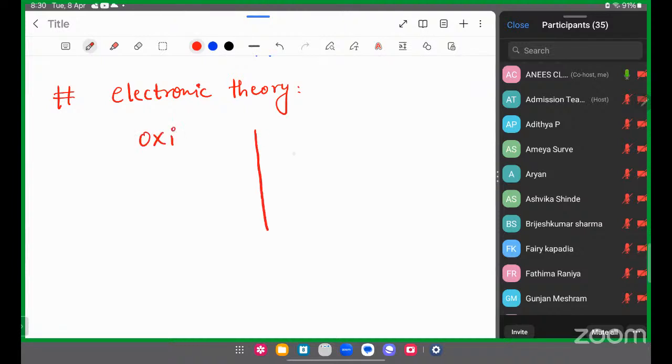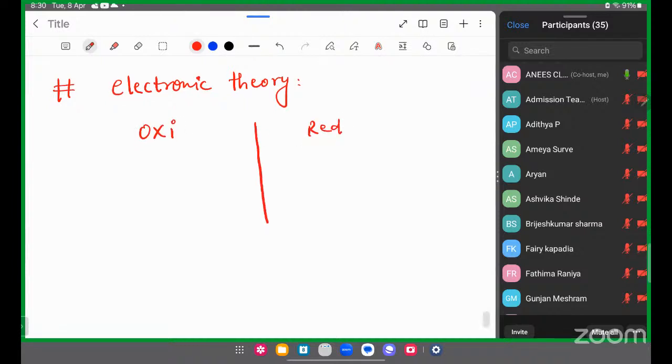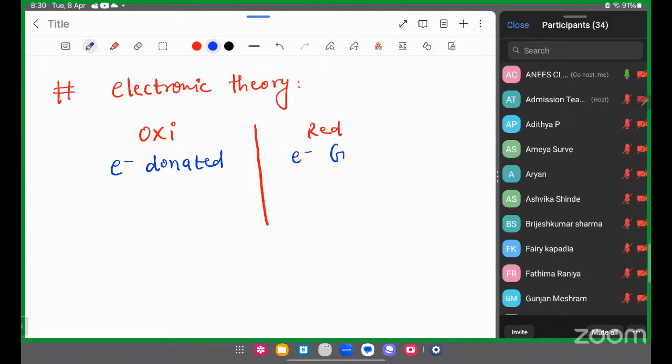Oxidation will be there if electrons are donated, and reduction will be there if electrons are gained. This is the simple concept in electronic theory for oxidation and reduction. We will look at which is donating electron and which is accepting electron.